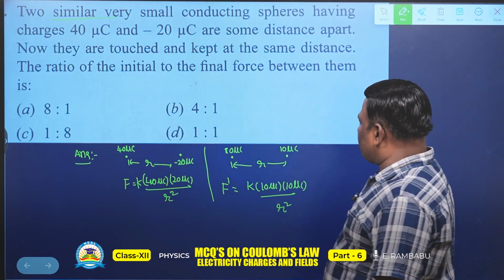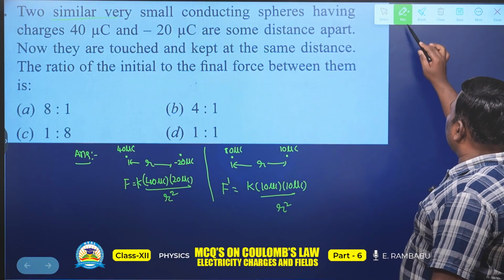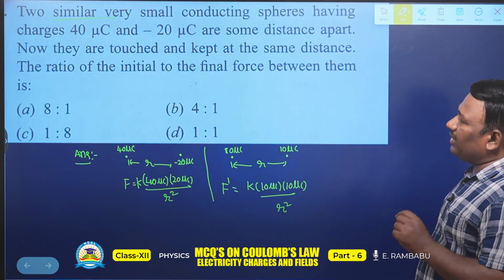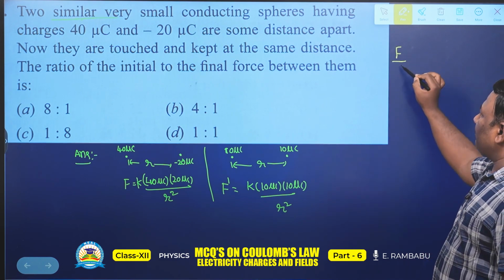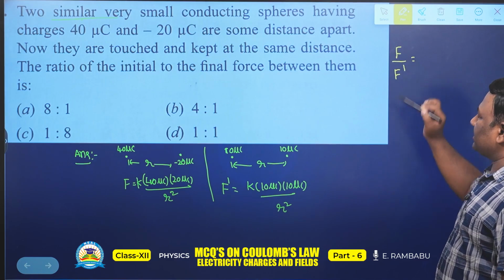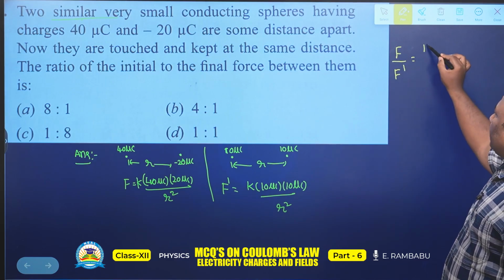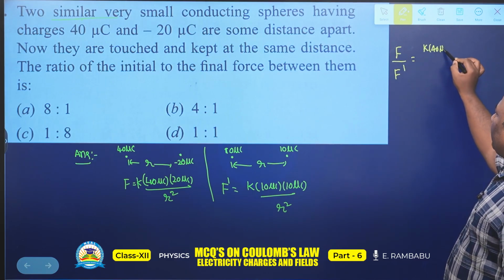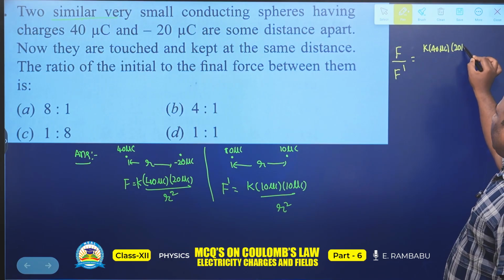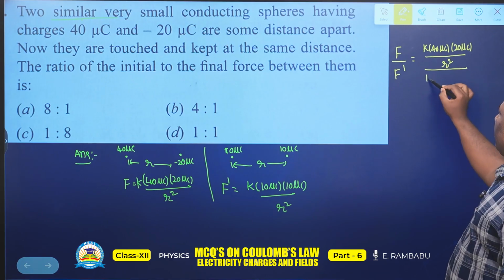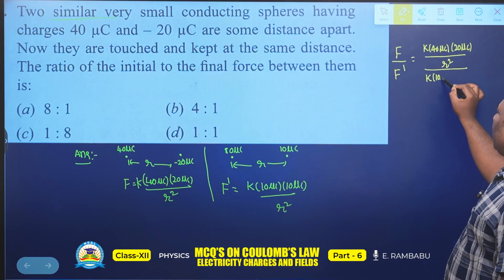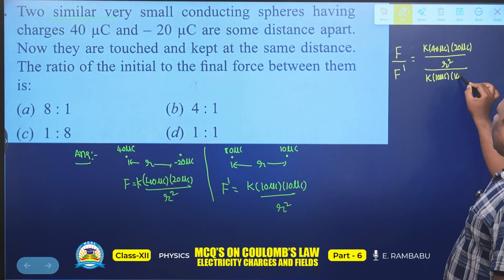After that, what is the question they are asking? According to them, the question is the ratio of initial to final force. Initial force is F, final force is F dash. Initial force is K into 40 microcoulomb into 20 microcoulomb divided by r square, divided by K into 10 microcoulomb into 10 microcoulomb divided by r square.